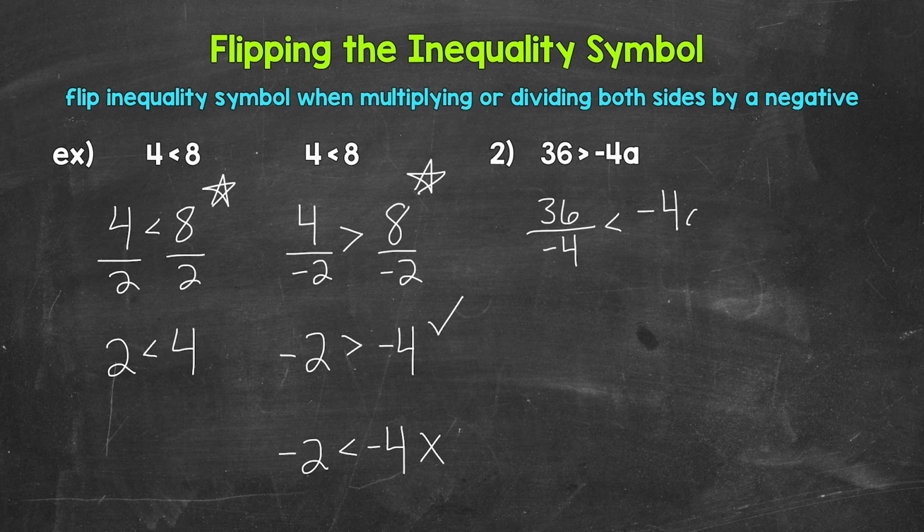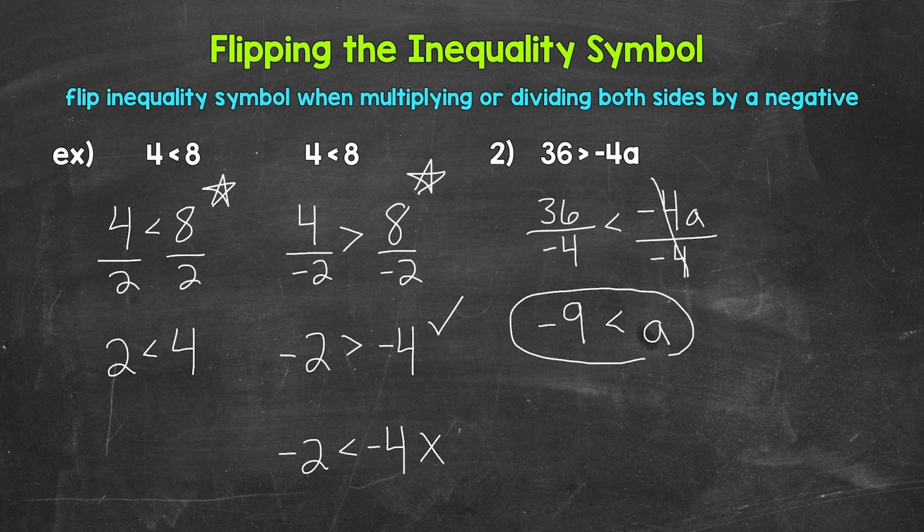And then we have negative 4a divided by negative 4. On the right side, these negative 4's cancel each other out. A is now isolated, so we have a is greater than, and on the left side, 36 divided by negative 4 gives us negative 9. So a is greater than negative 9.